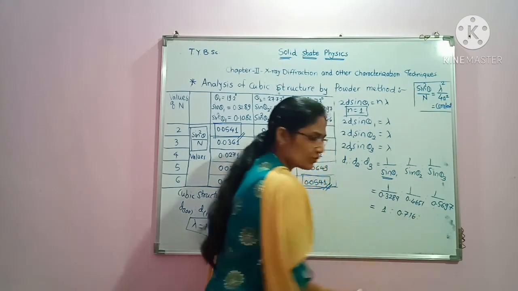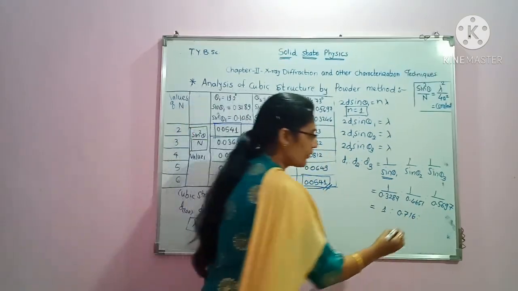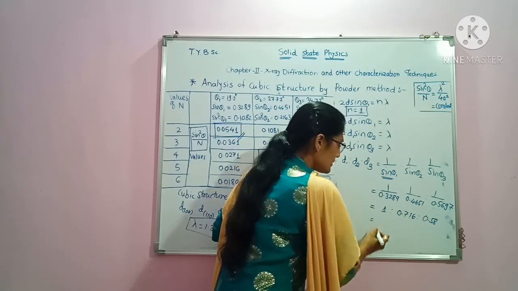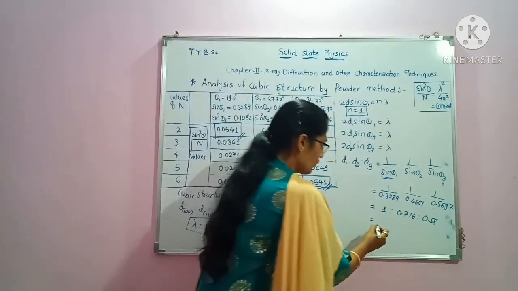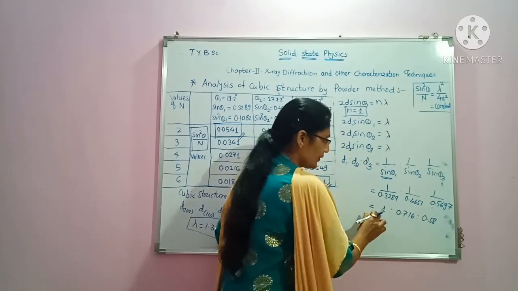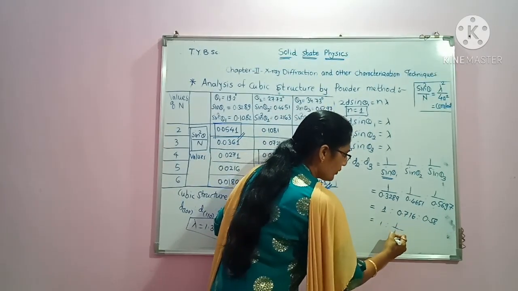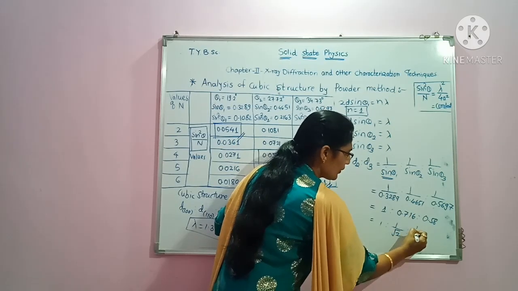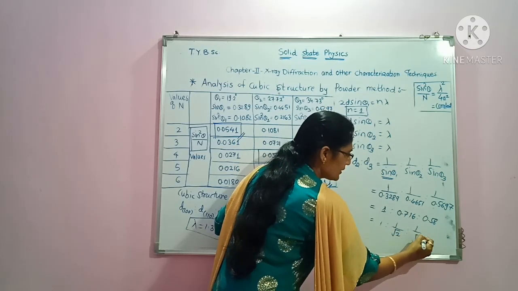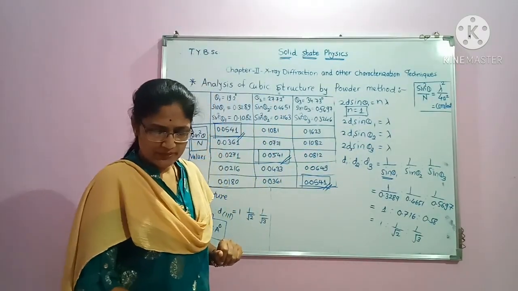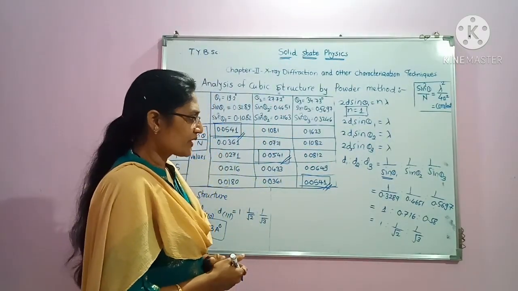1 is to 0.716 is to 0.58, and this is nothing but, if we divide it back, 1 is to 1 upon root 2 is to 1 upon root 3. This value is nothing but 1 is to 1 upon root 2 is to 1 upon root 3.